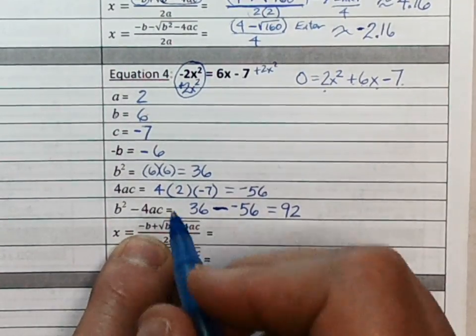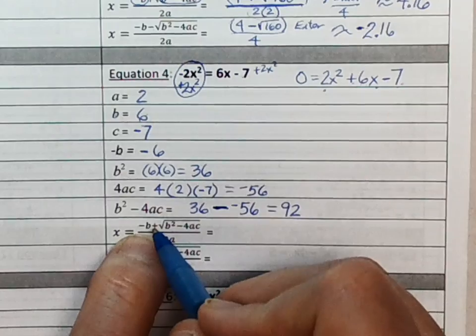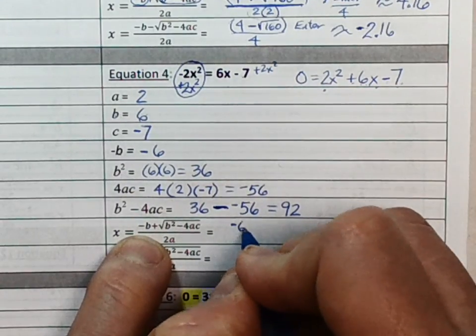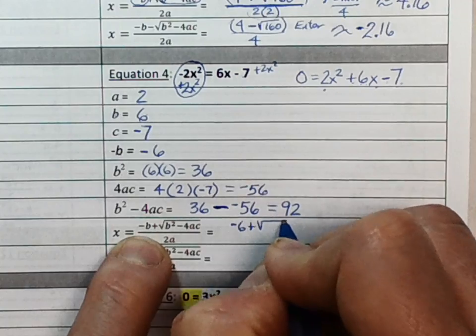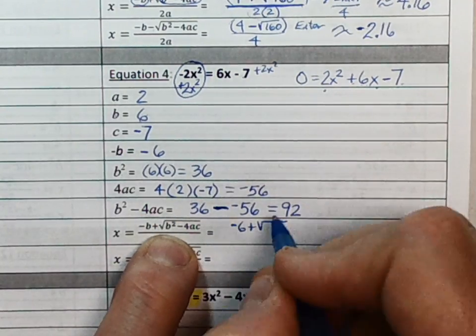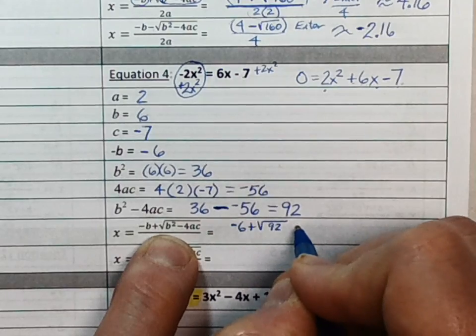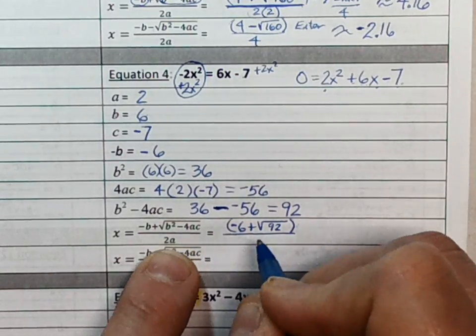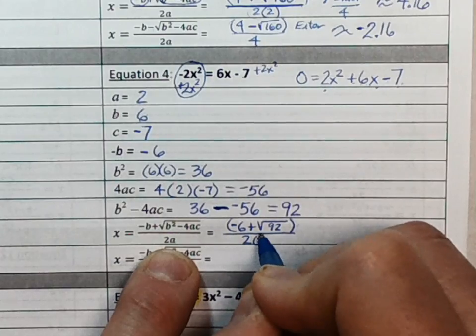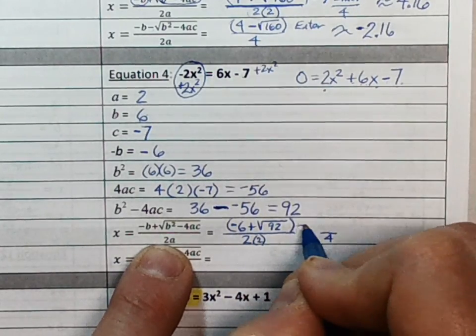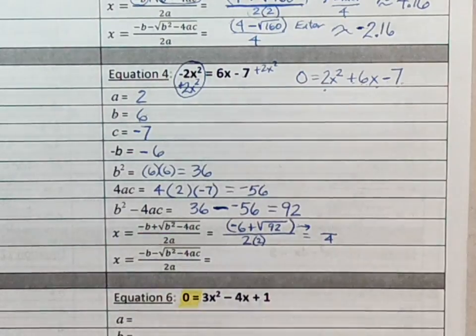Here we go. One answer is negative B. Shopping list says negative 6 plus the square root of B squared minus 4AC. I already did that. What was it? It's 92. I put this in parentheses, and then 2 times A, 2 times 2, is going to be a 4. So I'm going to do all of this stuff right here, and divide it by 4.